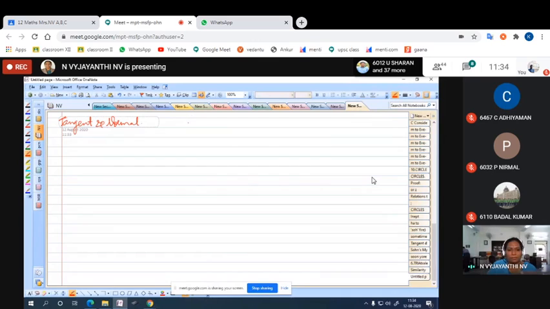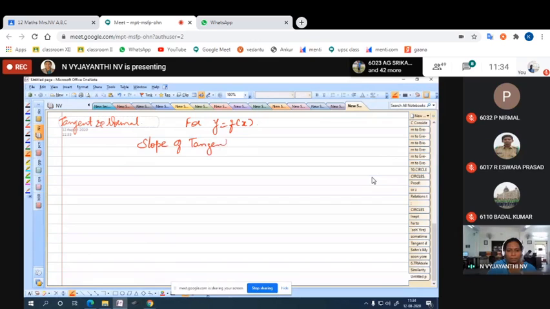If for y equal to f of x, the slope of tangent is m, which is dy by dx at the point x equal to x naught.